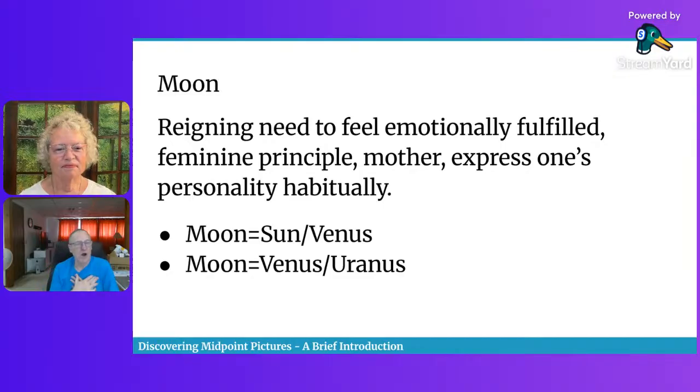Now if you're an artist, this could be a really good time to say, I'm going to introduce my paintings to the world, because Venus Uranus represents an artistic, different kind of thing, especially something that fits into the cultural motif that we have right now. So there's a couple ways you can do it. You can see them in terms of natal, and you can see them in terms of predictive.